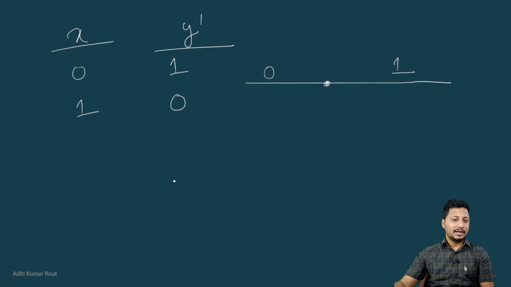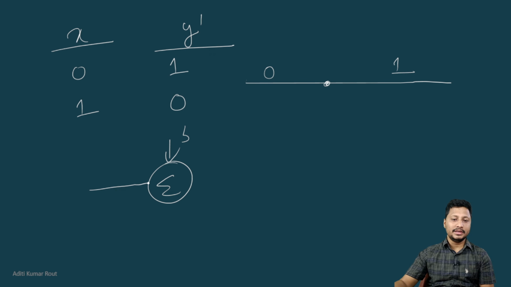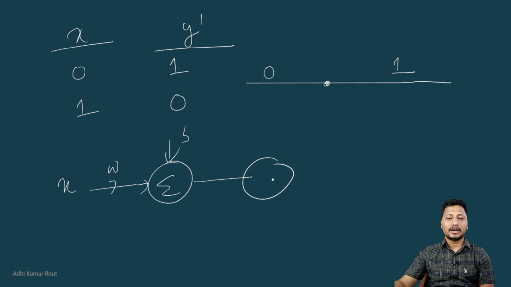And from the implementation perspective, it's the same: here it's B, here it's x1, and maybe W, and we pass through a sigmoid function, or maybe one classifier.